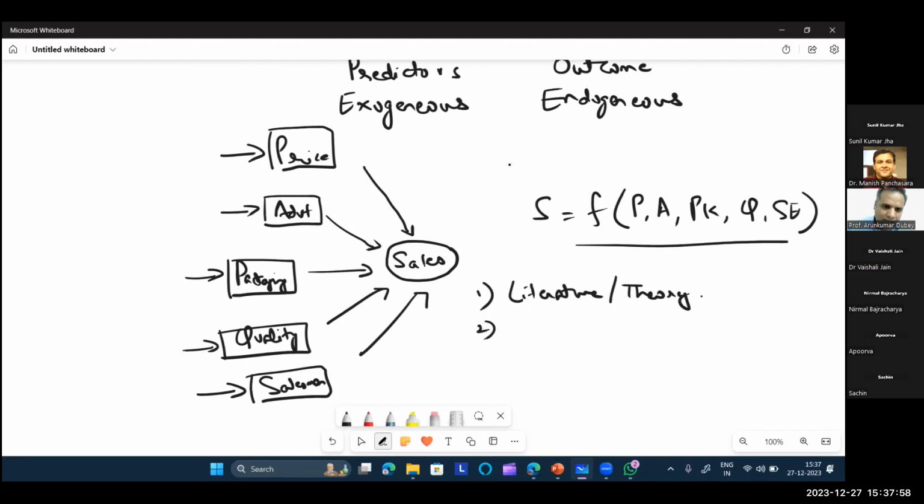Price, advertising, packaging, quality, salesman experience are your independent variables. So from theory you identify antecedents.